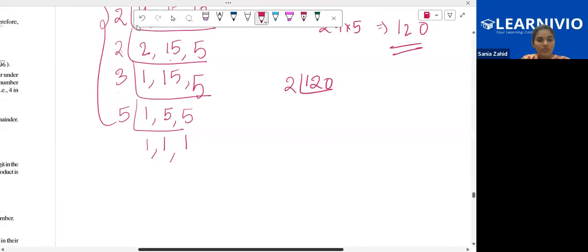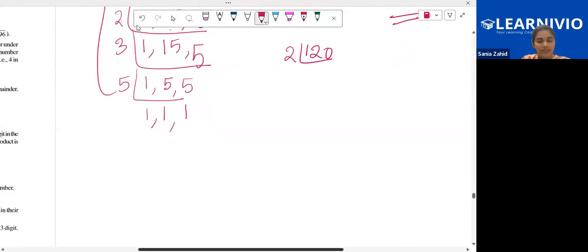First, when you're doing the prime factorization, you divide it by 2. What is 12 divided by 2? 2 sixes are 12 and then 0. 2 into 30. Then again 2 into 15. 3 into 5. 5 into 5.